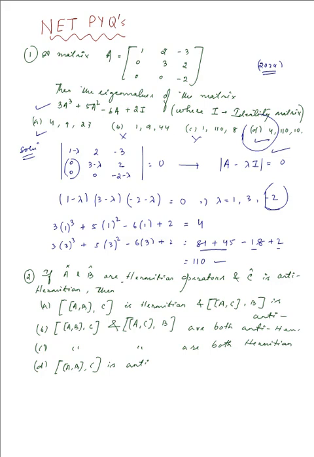So now Hermiticity, first of all, I'll start the solution over here, and then move over to the next page. As far as Hermitian operators are concerned, if we take the adjoint of that operator, then we get back the same thing, which is the case with A and B over here. While in case of C, the adjoint of C is going to be negative of it.